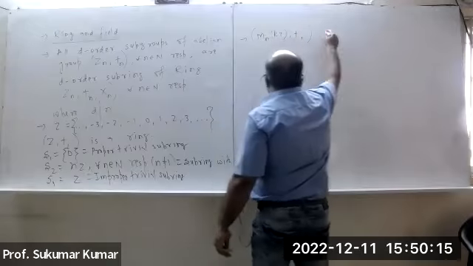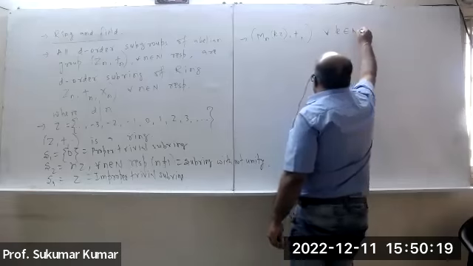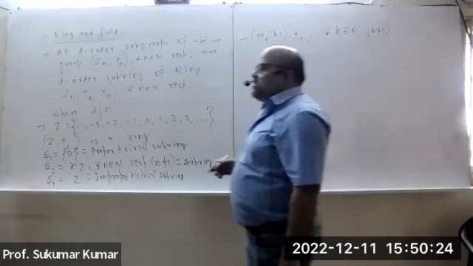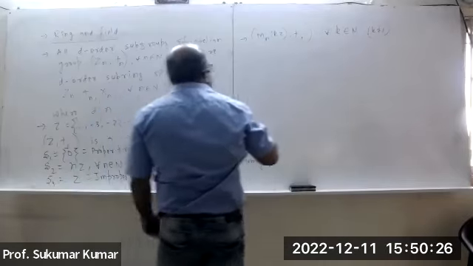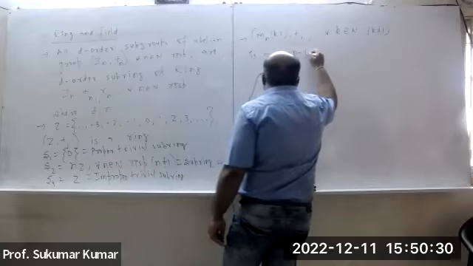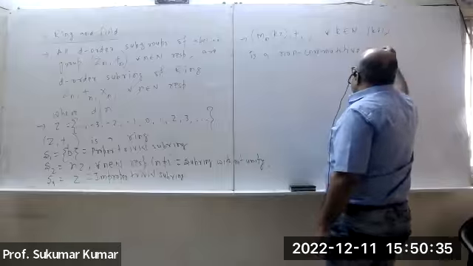What is K? For all K belonging to the natural numbers, but K is not equal to 1. Means 2Z, 3Z, 4Z, if I choose like that, then this is a non-commutative ring without unity.